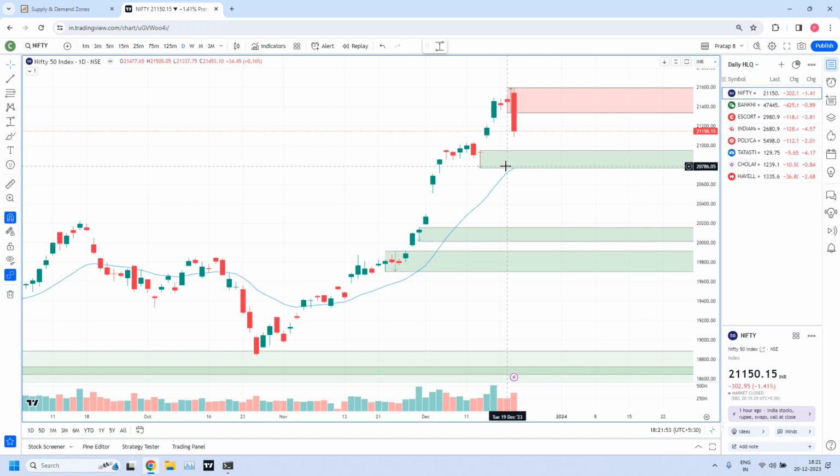That means whatever I am publishing today, only those stocks near demand and supply zones. Which stocks? Not all the stocks, only high liquidity zones, because we are focusing on high liquidity zones. Whatever high liquidity zones we identified today, only those stocks you have to refer to in tomorrow's trading.